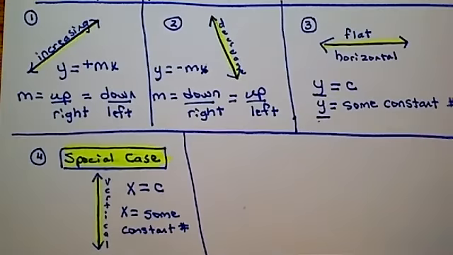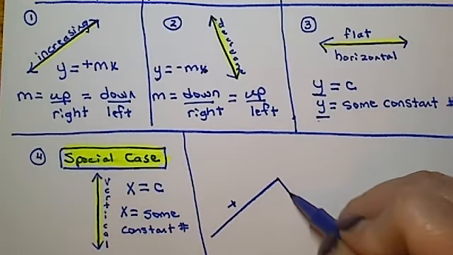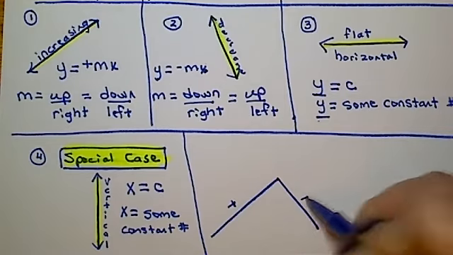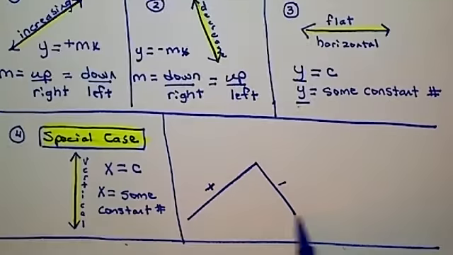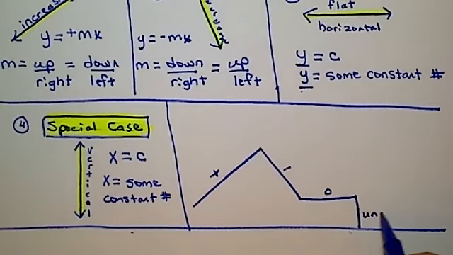So when you think of slope, this would be going up a hill, positive. This would be going down a hill, negative. This would be zero fun, 0. And then this would be falling off the cliff, which is undefined.